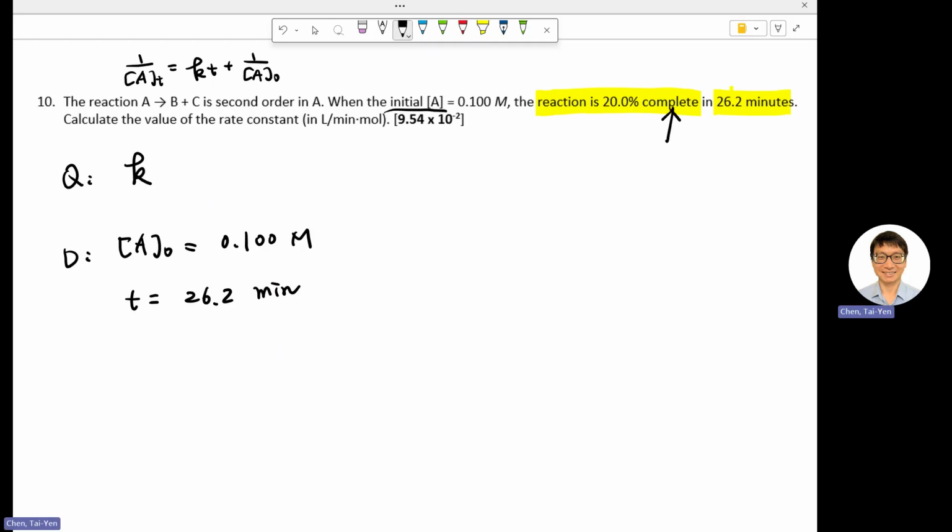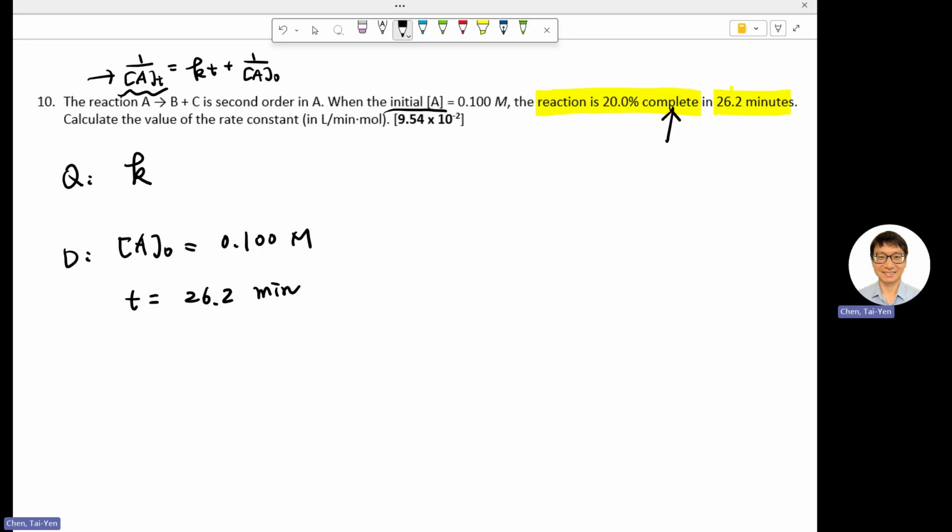If you look at the equation we're going to use, the AT is the remaining A, okay? And the reaction is actually the decomposition of A, right? It says 20% decomposed. But you don't want the decomposed one, you want the remaining one.